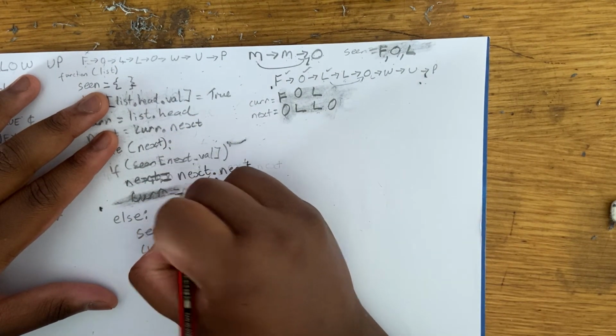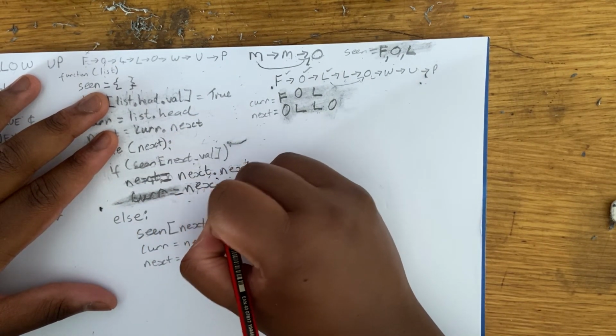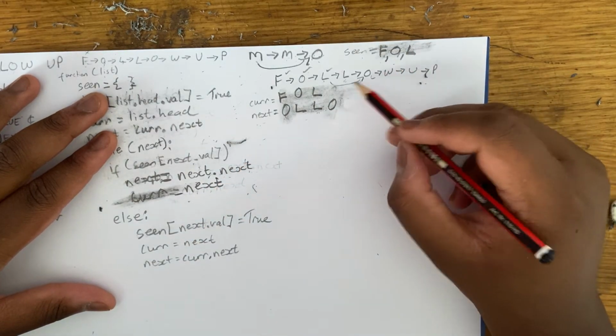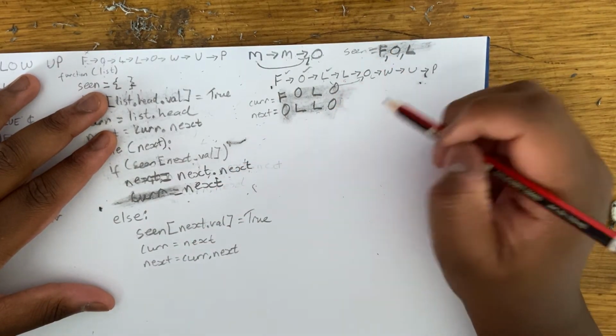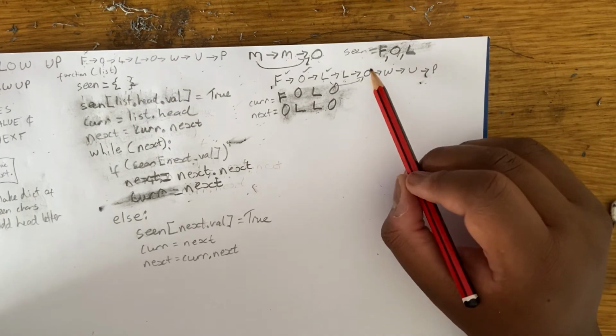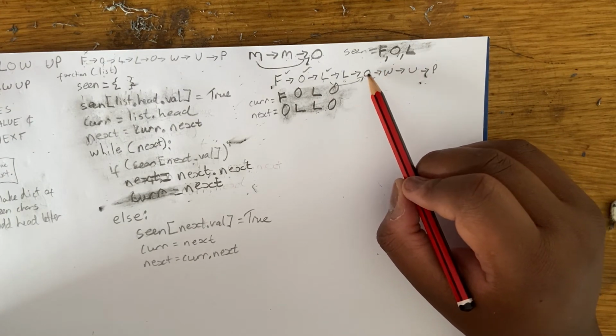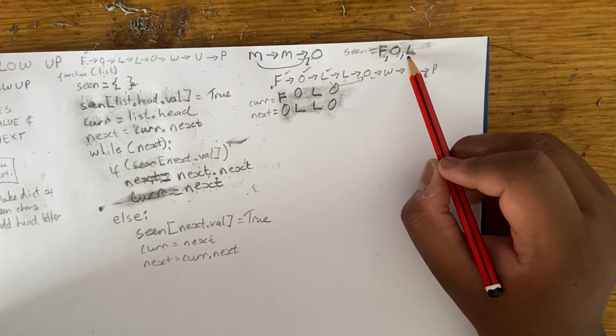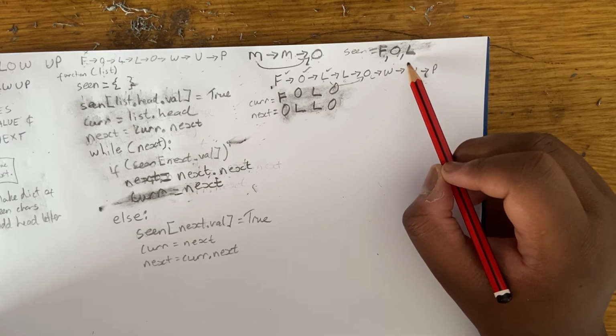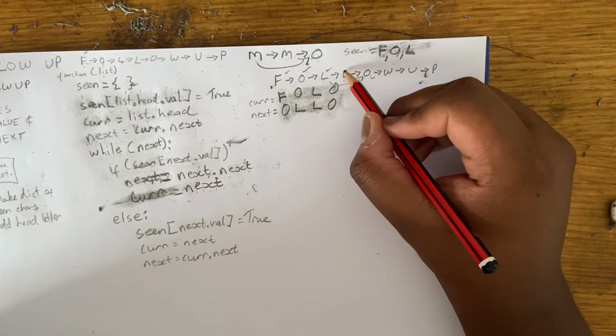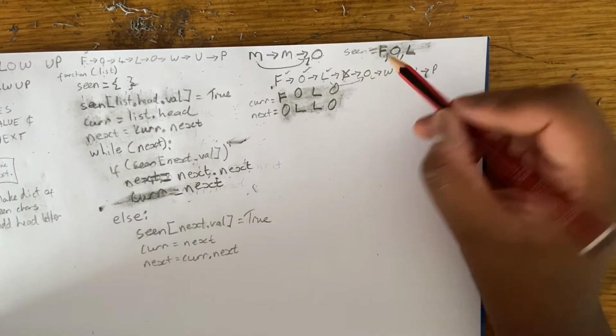Cur is equal to next, right? So now these are the exact same letter. So is next in there? Yes. So that means we skip that. Is that in there?